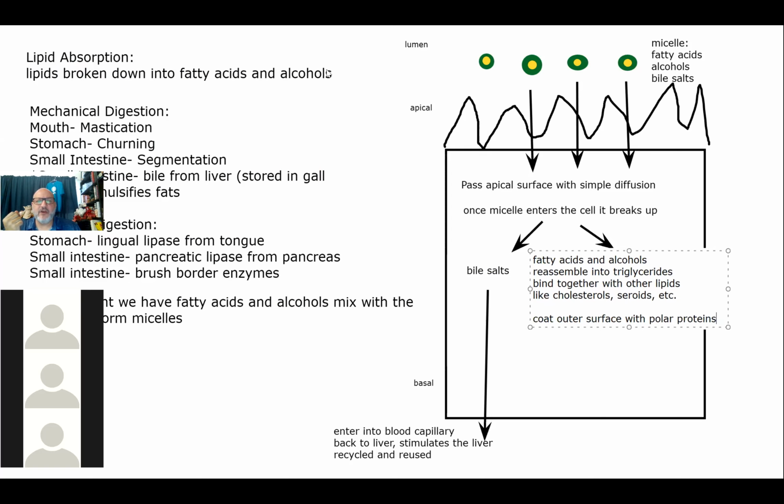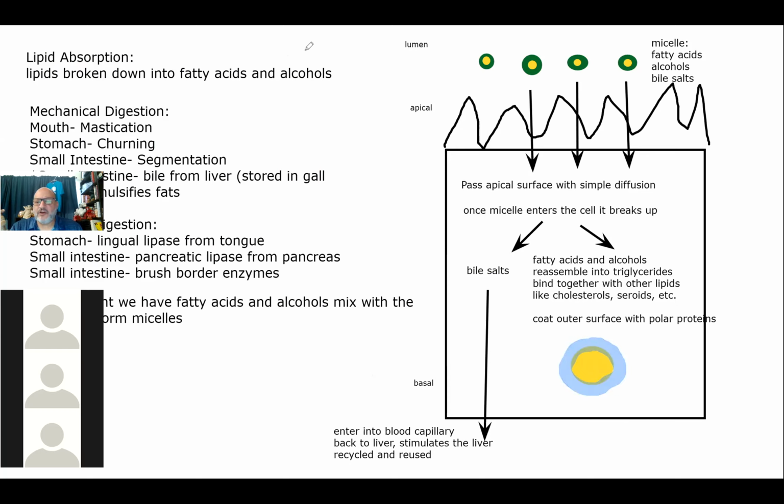So we get this big, huge chunk of fat inside the cell. All these fats, all these triglycerides and steroids and cholesterols and other lipids. And then we take polar proteins and put them on the outer surface.